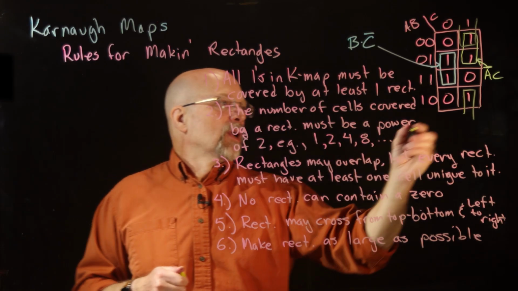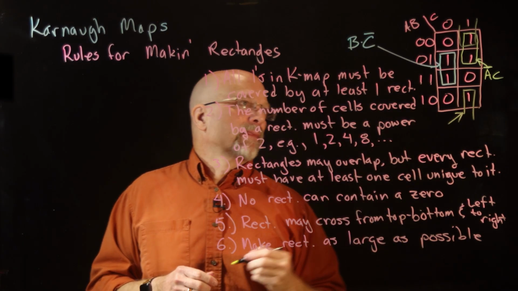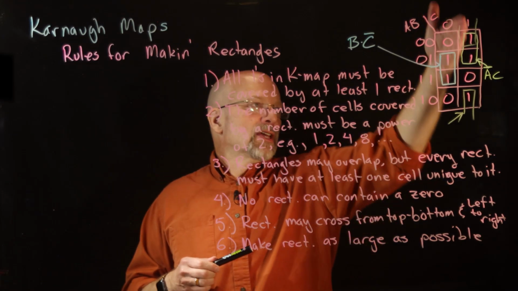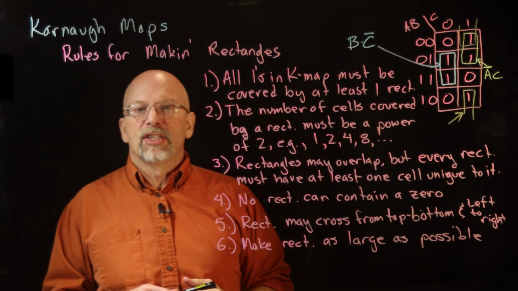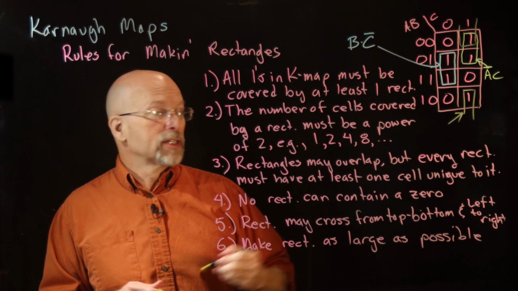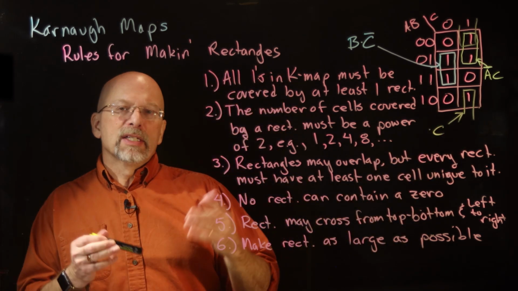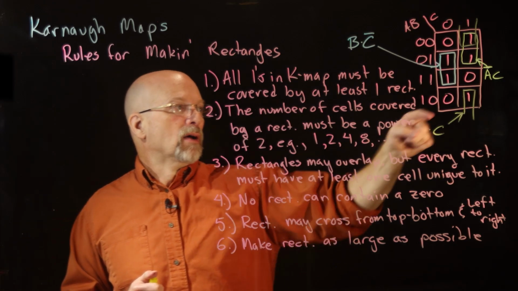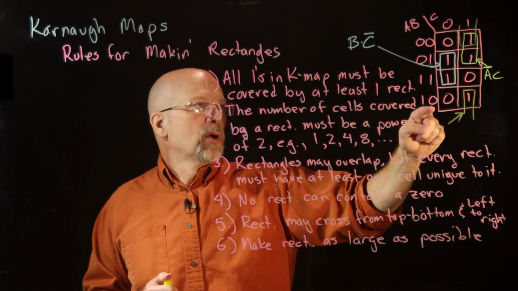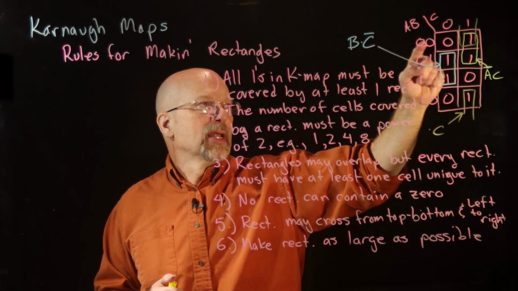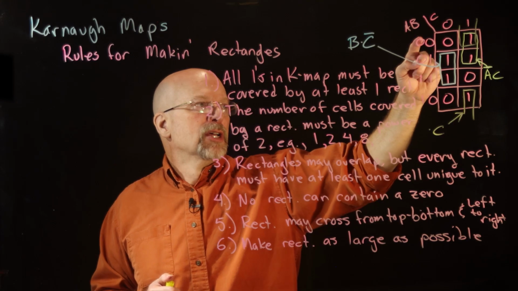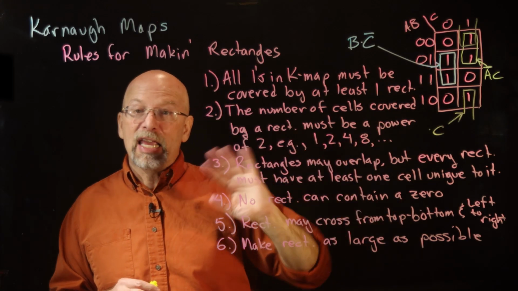Now, what about the last rectangle? Well, this one also stays in the C column, specifically C equals 1. But which one does it take, A or B? Well, this one has A is 1, B is 0. The top one has A is 0, B is 0. So A is the one that changes. It drops out.